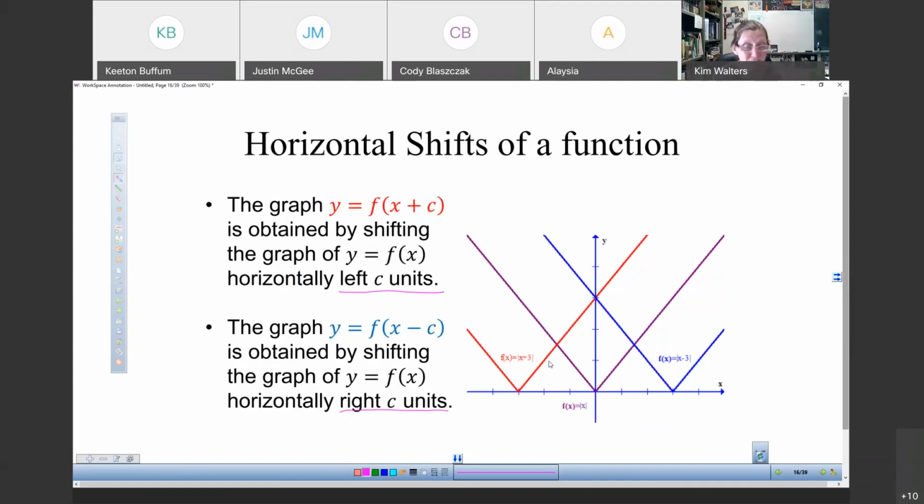Subtle difference, but it's huge. So if I'm changing the value of x, I had 3, I moved it to the left, so here is negative 3. Subtract 3, I'm moving it to the right over here to a positive 3, okay? Didn't move it up or down, I just moved it left or right. So this one's a little bit tricky, just got to remember it.